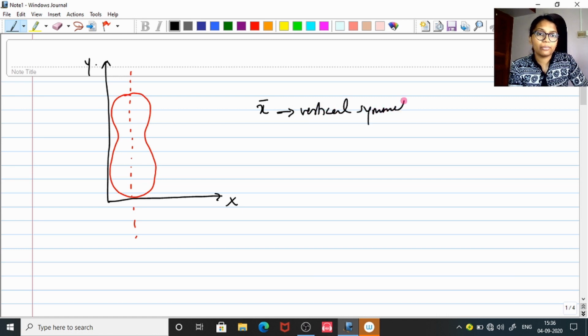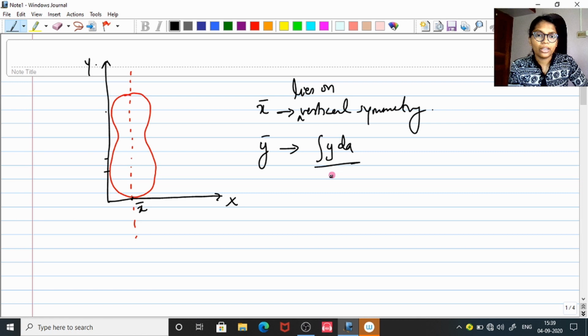Your x bar will always be on the vertical symmetry, but we do not know where the position of y bar is. It depends on the whole area of the body. So your x bar lies on the vertical symmetry, and for y bar it is simply integral y dA by integral dA.